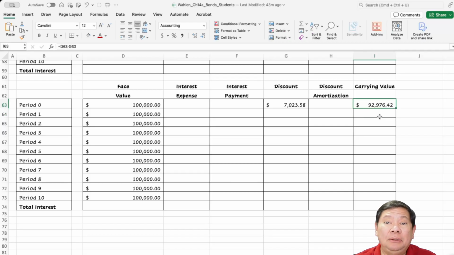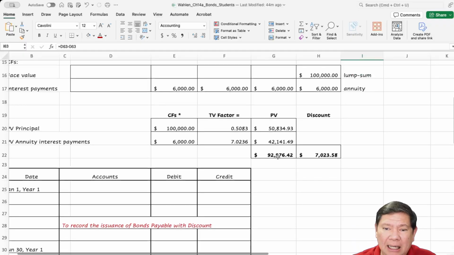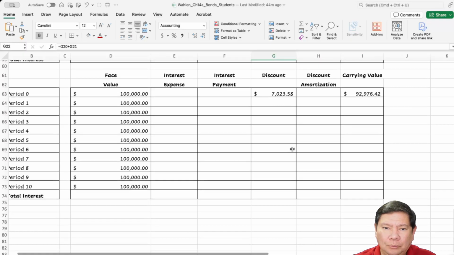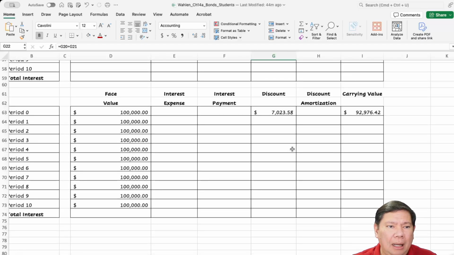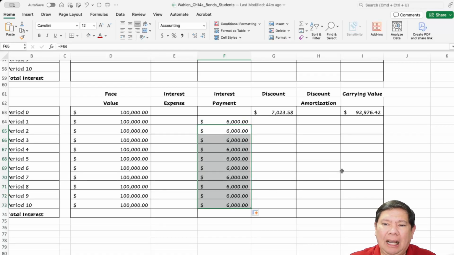Okay, 92,976.42, which is the selling price we just calculated there. Interest payment will always be $6,000. We can just copy it there.